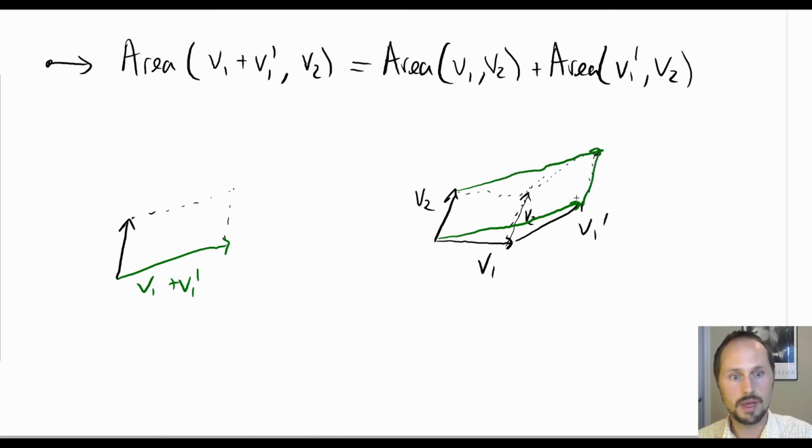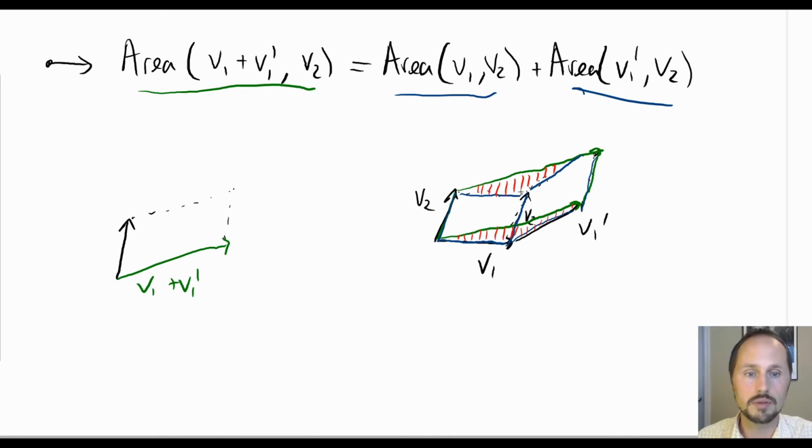That parallelogram we see in this picture over here. So that green guy is the one on the left. The two that I'm going to circle in dark blue are the ones on the right, so that's this guy plus that guy. Then I'm going to color in the differences between the two, and if you check, those two triangles that I colored in red are congruent.